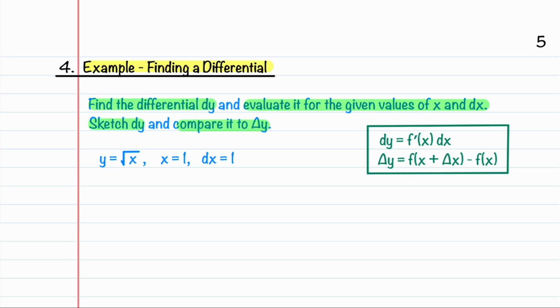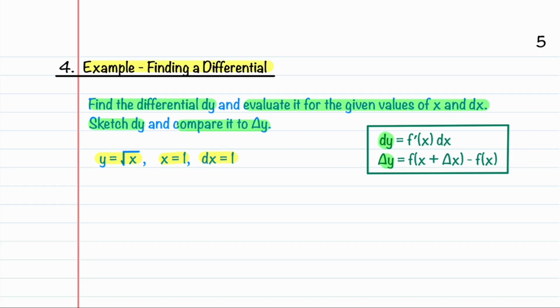Just to make things easier, I've written over here in this green box the formula for the differential dy and delta y. The function that we're going to be finding the differential of is y is equal to the square root of x, and we're going to evaluate the differential at the point x is equal to 1 and dx is equal to 1.